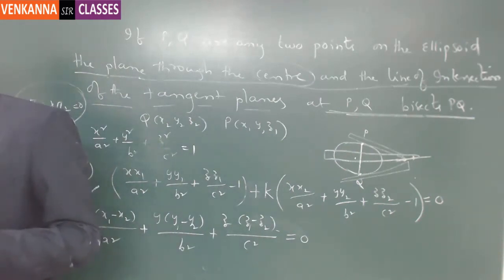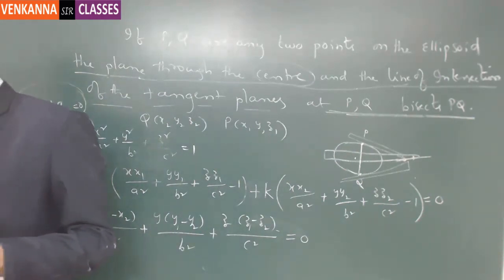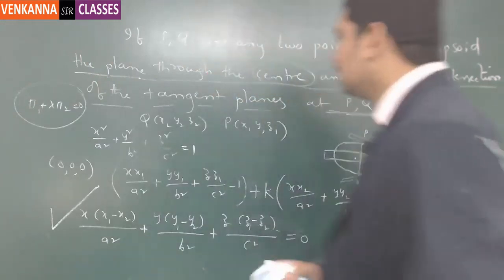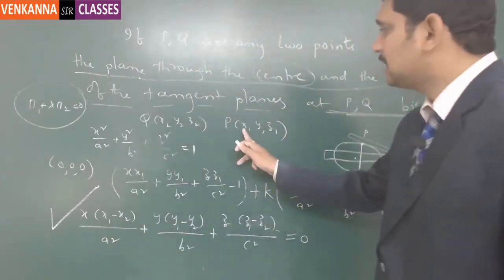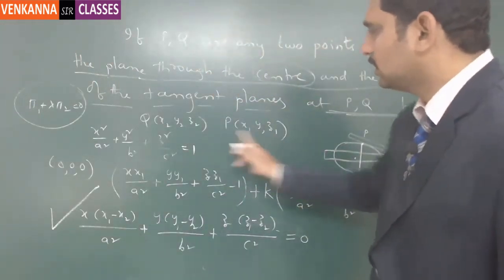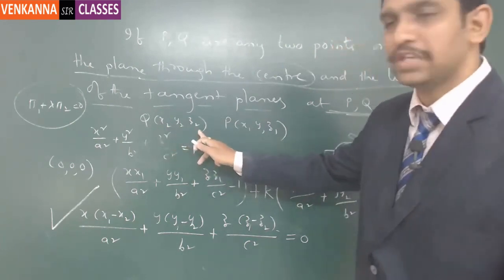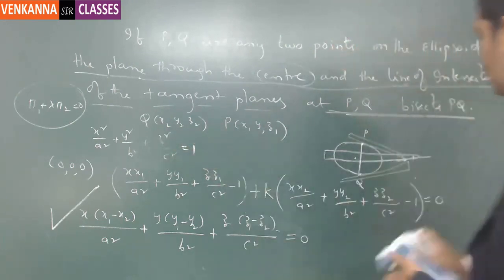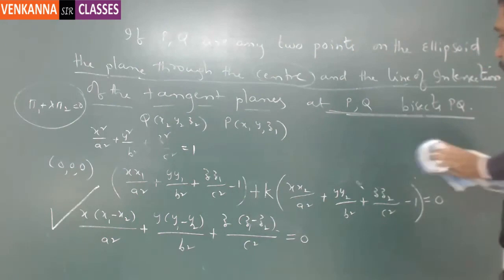Agreed? So this is the point (x1, y1, z1). This is the point (x2, y2, z2). So what could be the midpoint here?